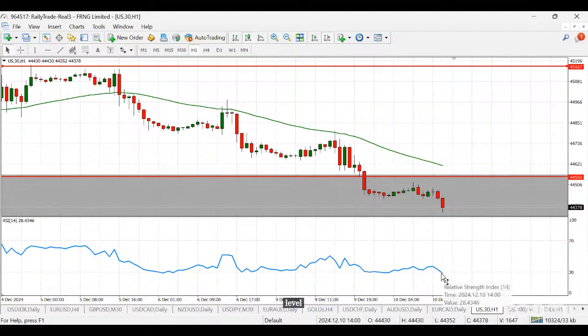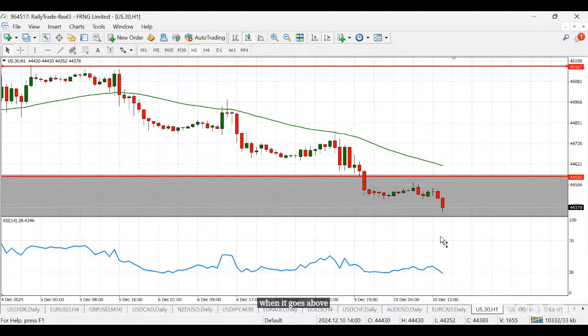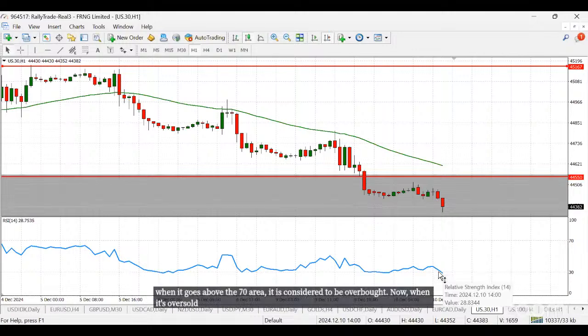When it goes below the 30 area, it is considered to be oversold. When it goes above the 70 area, it is considered to be overbought. Now, when it's oversold, that may be a signal that we're going to get a reversal pretty soon.